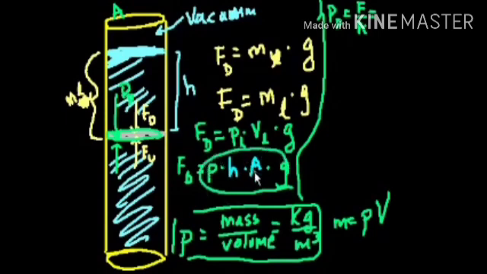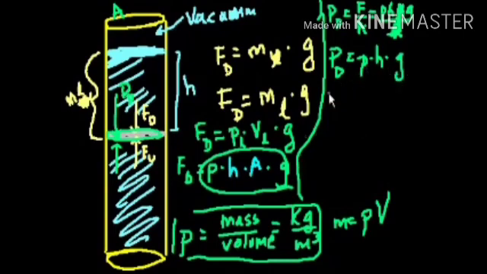So we can just get rid of the area: it equals rho H A G divided by A. So the downward pressure is equal to the density of the fluid times the depth of the fluid, or the height of the fluid above it, times the gravitational constant, rho H G.